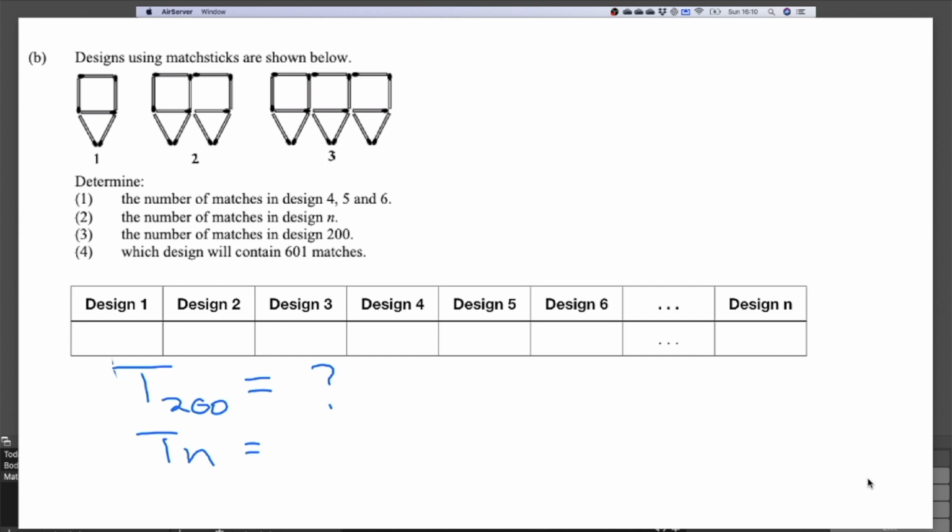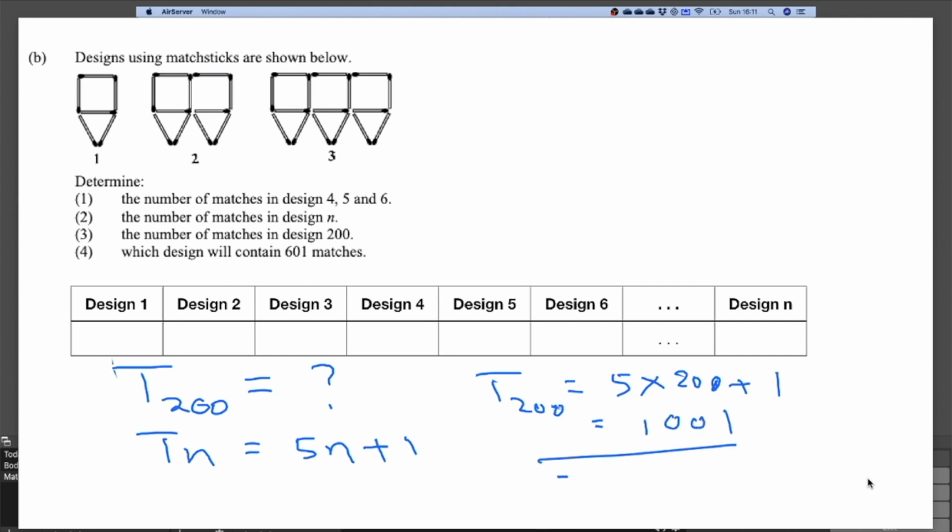We said earlier on, Tn is equal to 5n plus 1. Therefore, to get T200, we do the same thing. 5 should be multiplied by 200. And then we add a 1. And that should give us 1001. All right.